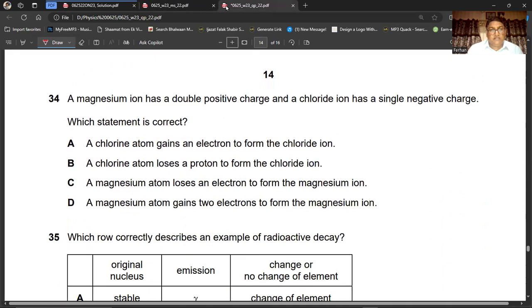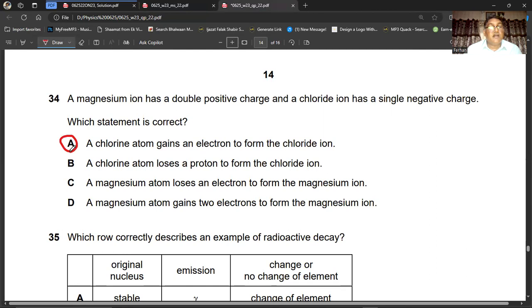Okay. Question number 34. A magnesium ion has a double positive charge. Double positive charge means it has lost two electrons. And a chloride ion has a single negative charge. It means it has gained an electron. Which statement is correct? A chlorine atom gains an electron to form the chloride ion.